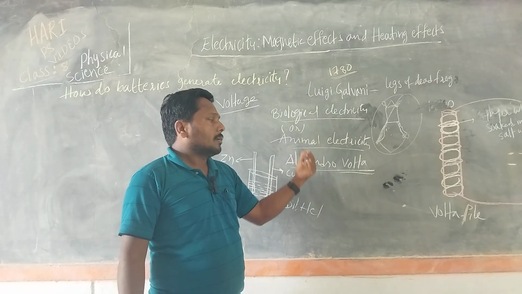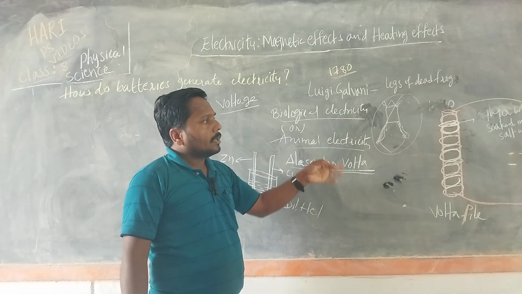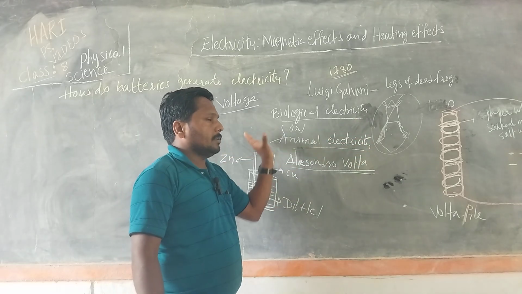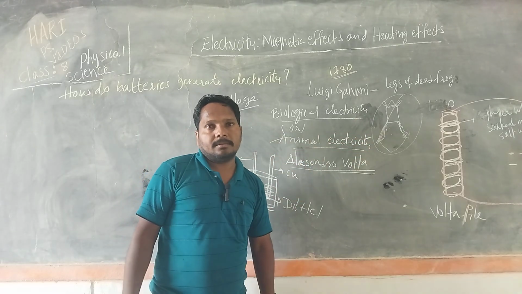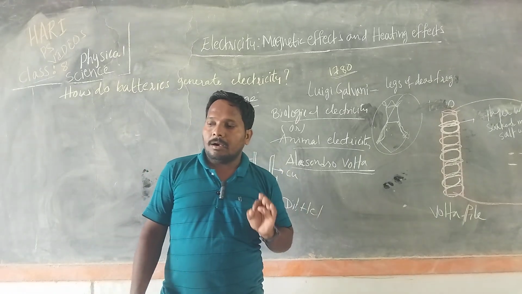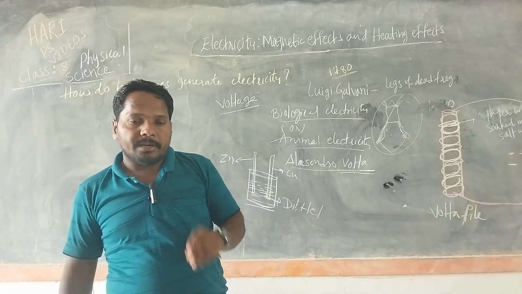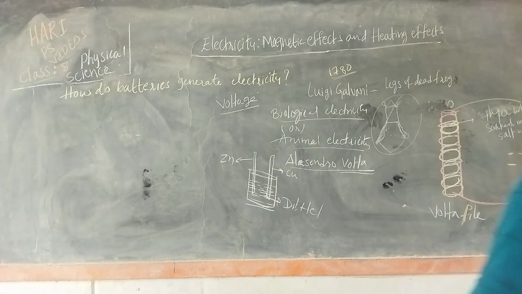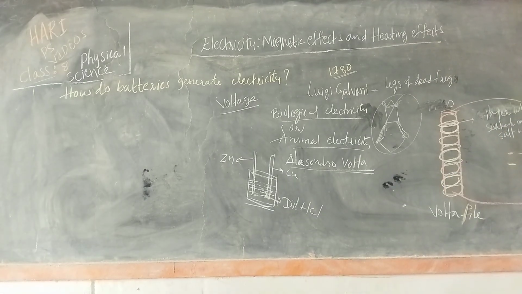Afterwards, Volta, using metals and some types of solutions, invented a cell. This is a brief introduction, or the story, about the cell. Next we will discuss how these batteries generate electricity.